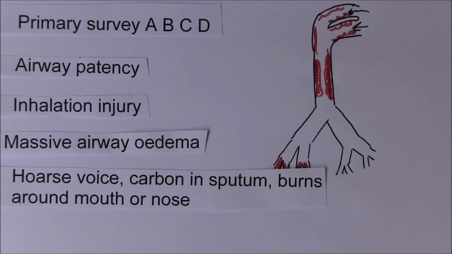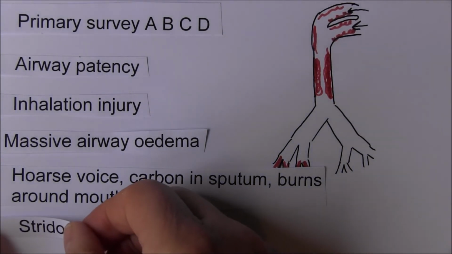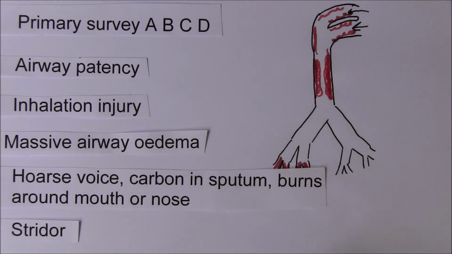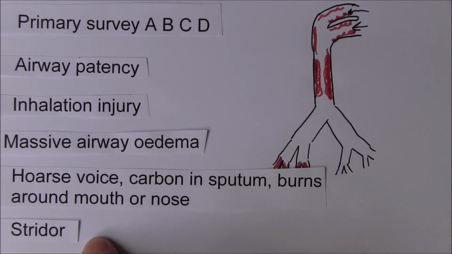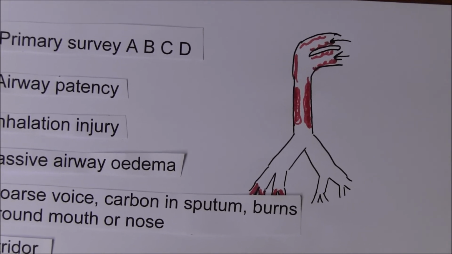Also look out for stridor. Stridor relates to upper airway noise during ventilation, and this can be evident even if the patient is unconscious. We can hear the stridor as the air struggles to get past the obstruction in the upper airways.